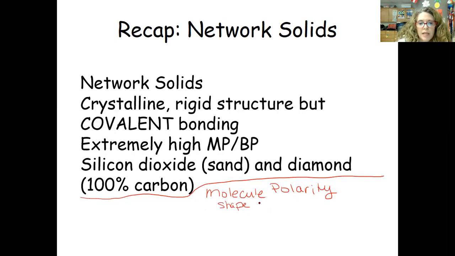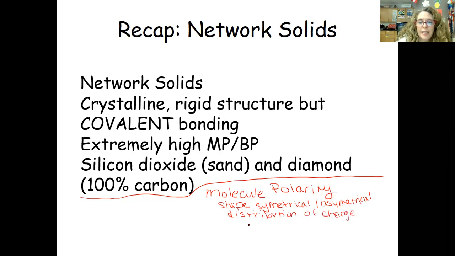And then shape is going to be either symmetrical or asymmetrical. And then distribution of charge.